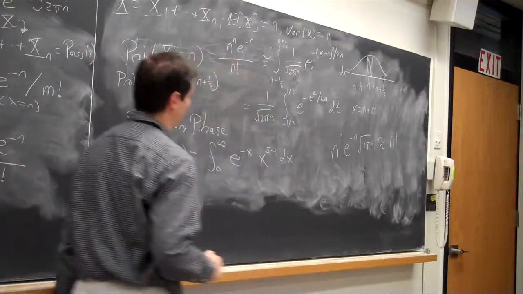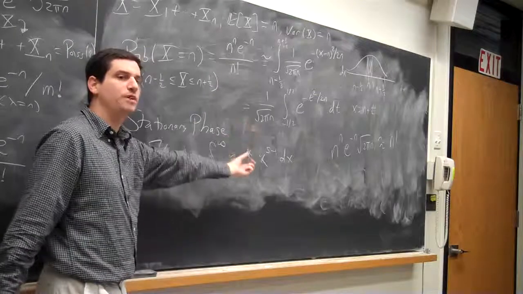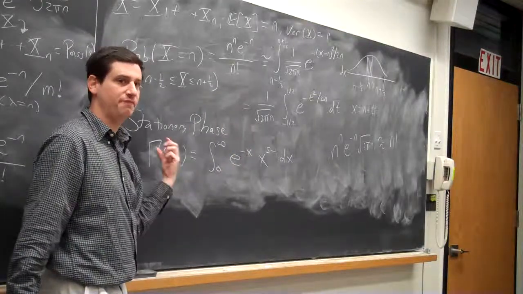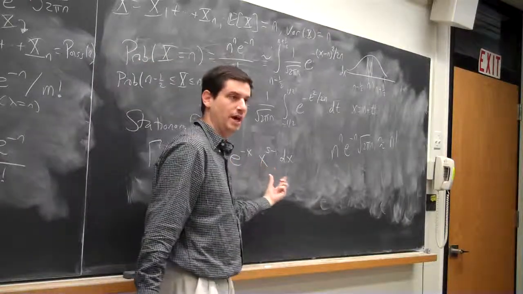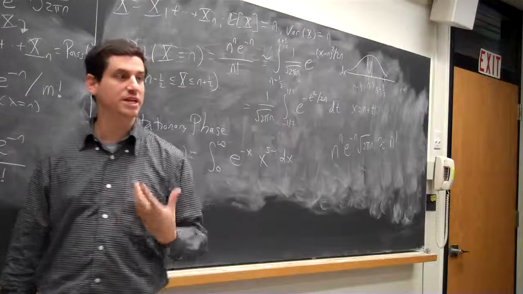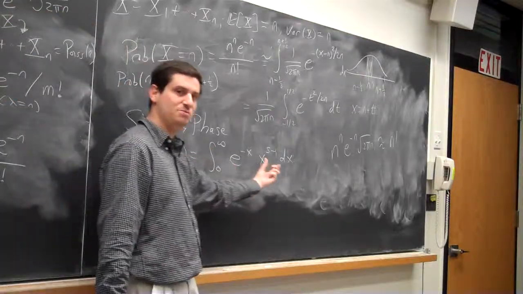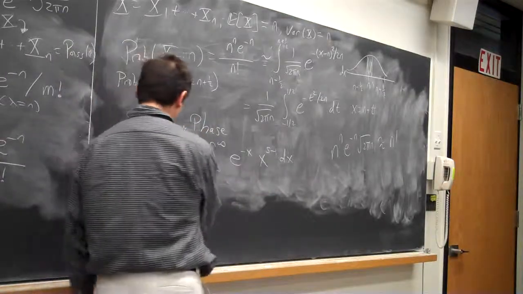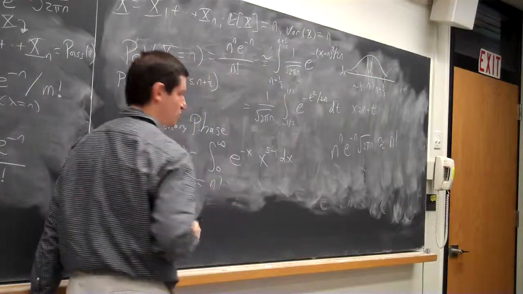And the reason I wanted to mention this is to show you one of the reasons why we care about the gamma function. I've replaced the factorial with an integral of a really nice function. And now I have the possibility of using techniques from analysis to approximate this integral. And if I can approximate this integral, I can then approximate n factorial. Because we have the annoyance, gamma of n plus 1 is n factorial, shifted over.